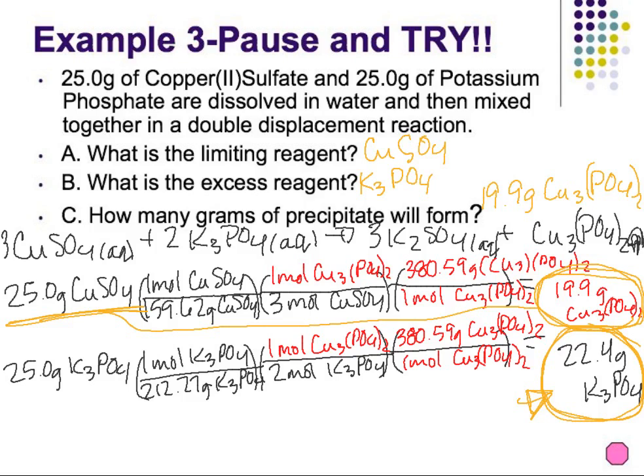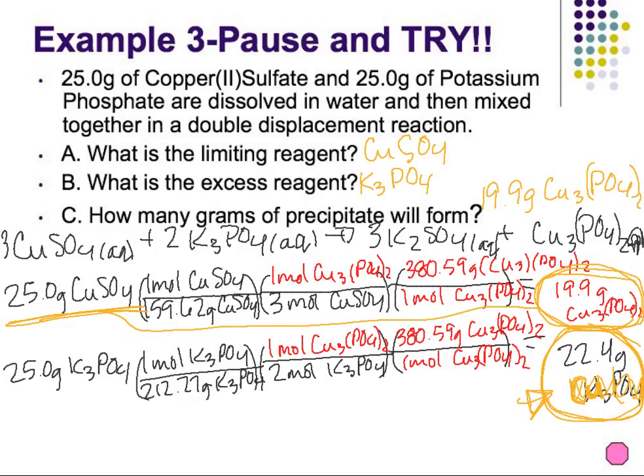Did I write something wrong? No, I just wrote K instead of Cu right here. Sorry. I wrote the wrong thing. Cu3(PO4)2. Oh, that's a big mistake. Sorry about that. Let me fix it in black.